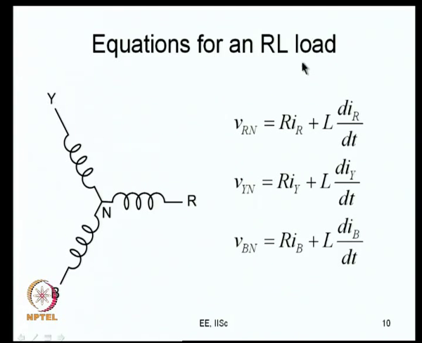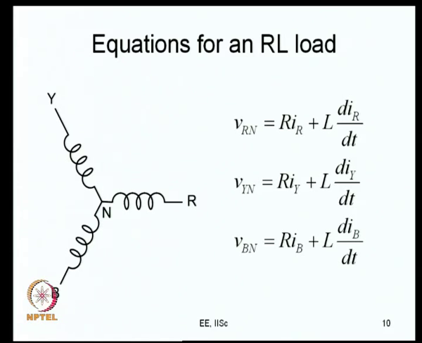Let us assume an RL load just for the time being and just as an exercise. Then you have VRN is equal to the resistive drop plus L di by dt. VYN is equal to similarly R IY plus L di by dt, and VBN is equal to R IB plus L di by dt. So, this would be your load equation. You have to solve the load equation.